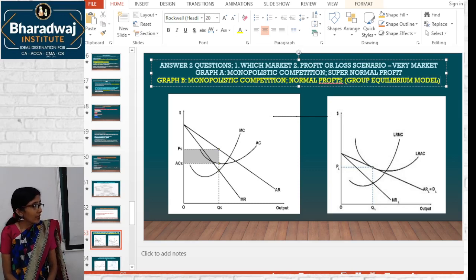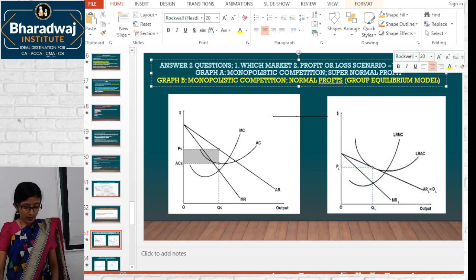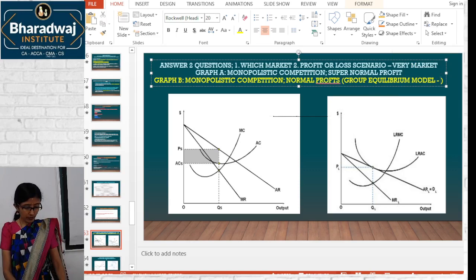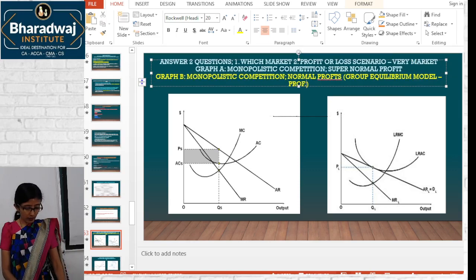Monopolistic competition, long run group equilibrium model was given by which economist? Group equilibrium model was given by Professor Chamberlain.